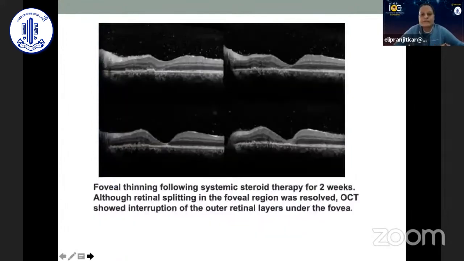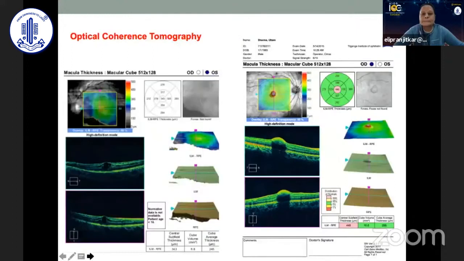The next slide. This is again spectral domain showing foveal thinning in all the layers after systemic steroid therapy for 2 weeks. Although retinal splitting in the foveal region was resolved, the outer layer shows disruption of the outer foveal layer under the fovea. Next.